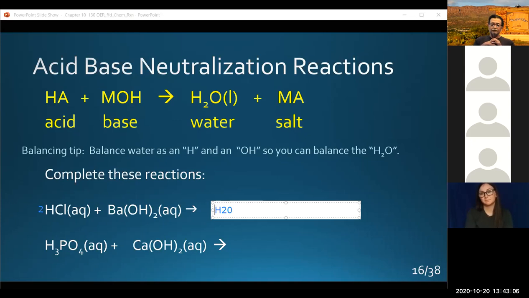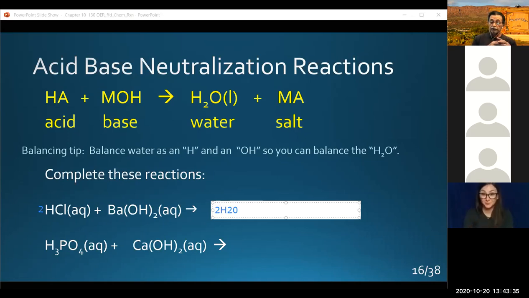Would it be one? Think about it. Look at the first reaction. One hydroxide requires one proton to give me one molecule of water. Okay? So the ratio is 1 to 1, right? If I have two hydroxides, I need two protons. How many waters am I going to make? Two. Exactly. I'm going to make two waters.